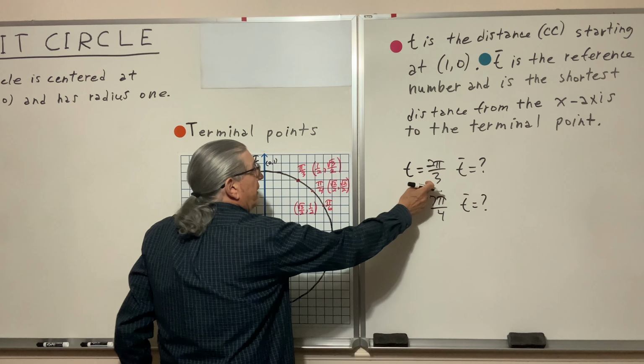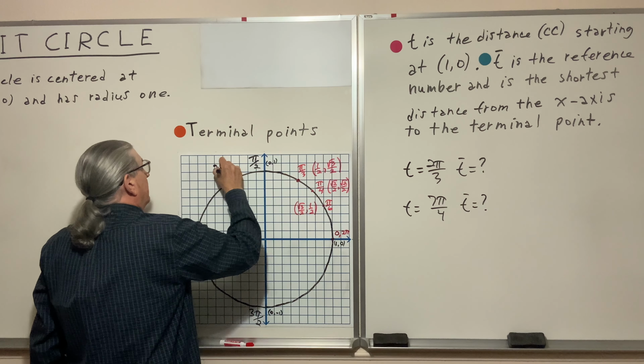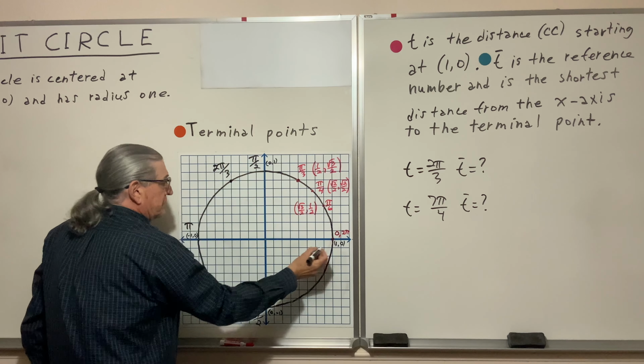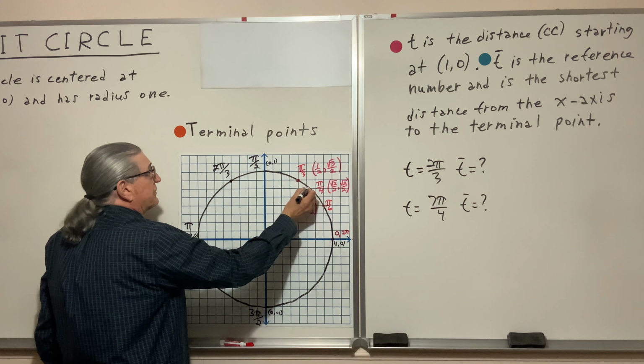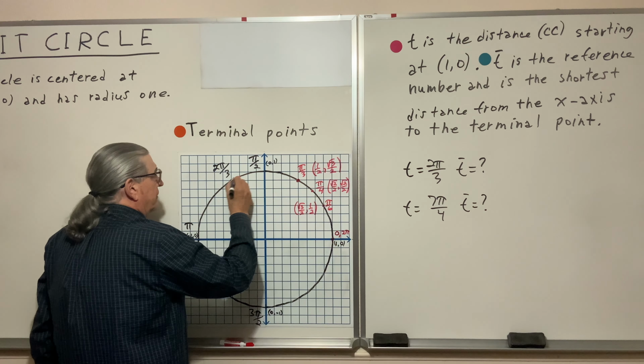So say we have the terminal point 2 pi over 3. So we're going along here, and it would be somewhere right around here, the point 2 pi over 3. So here's our terminal point, and that's our distance. We've gone 2 pi over 3. But the reference number is the shortest distance from the x-axis.